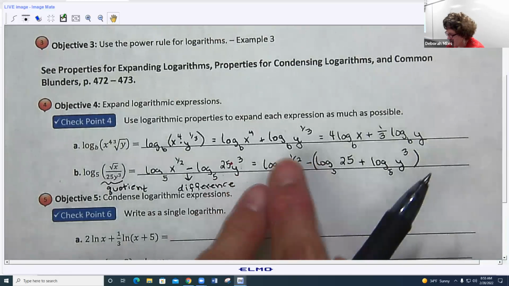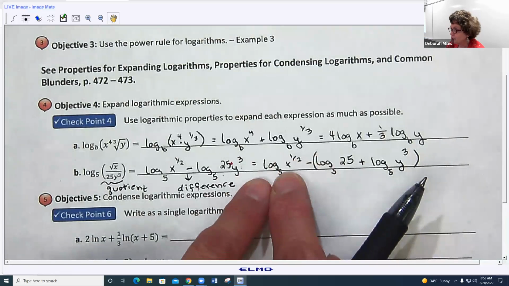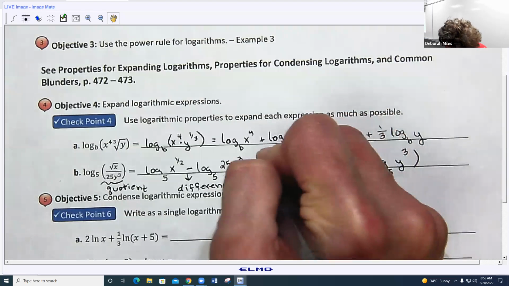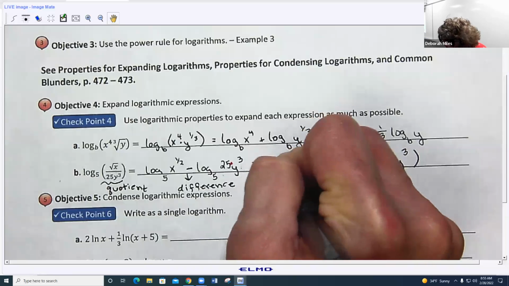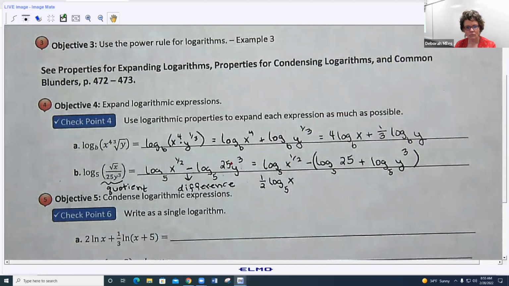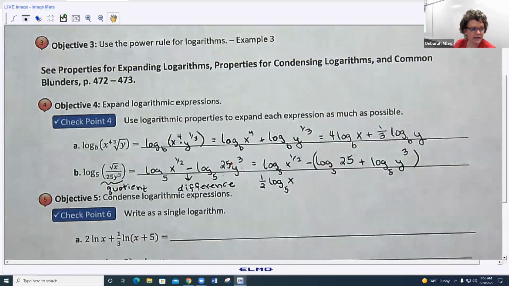All right. What can we do in the first term? I see one thing. I can bring the 1/2 to the front. That's the power rule. Log of a number to a power is a power times log of the number. What about log base 5 of 25? Is there anything I can do with that? The answer is yes. It's just 2.